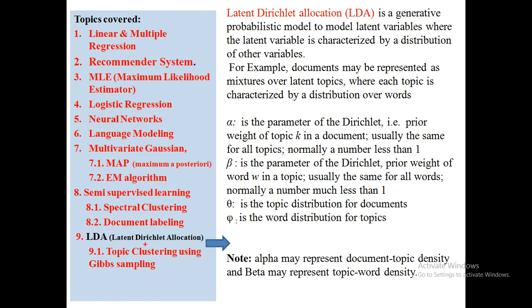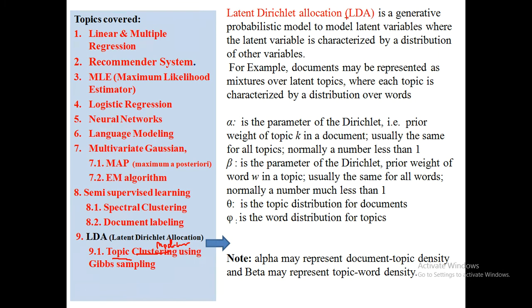The next topic we discussed is latent Dirichlet allocation, using an example of topic modeling using Gibbs sampling.